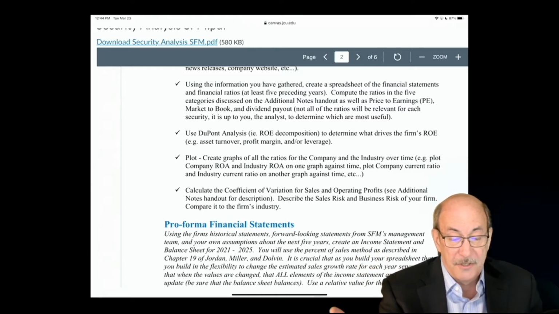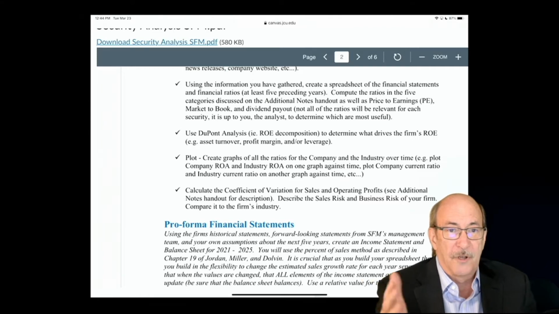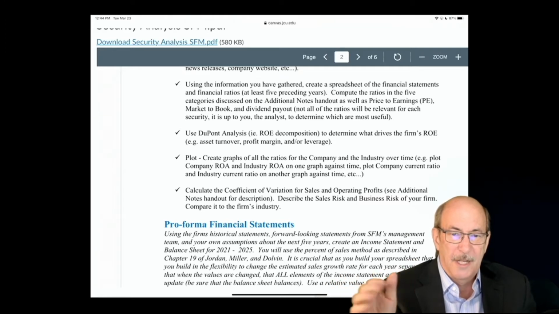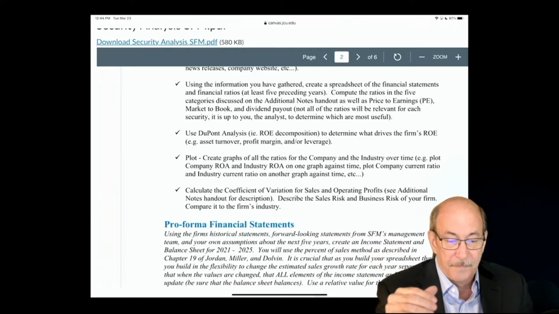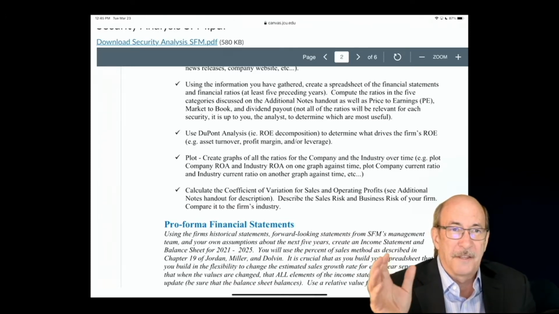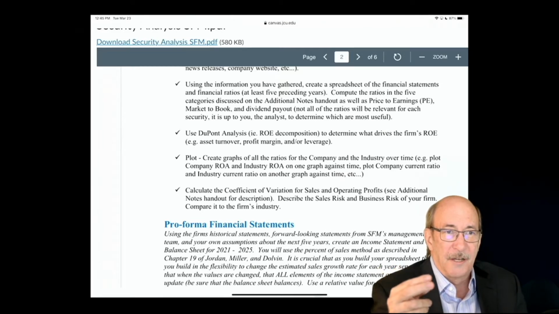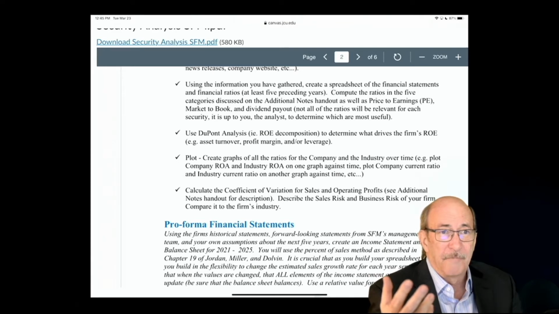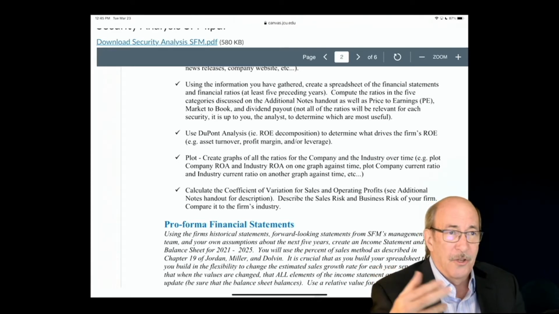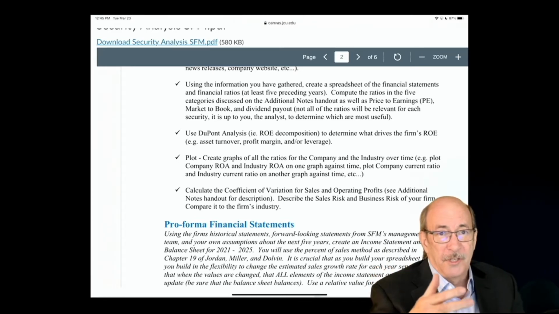Then you're going to plot some ratios over time, and it's going to be the firm, so Sprouts Farmers Market, relative to the comparator firms, relative to the competitors. And I think you'll want to do this in 2 ways. One, you would take an average of the comparator firms, and the other, you could actually plot them all individually.